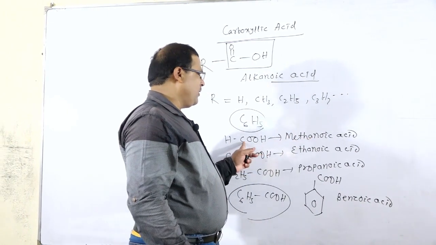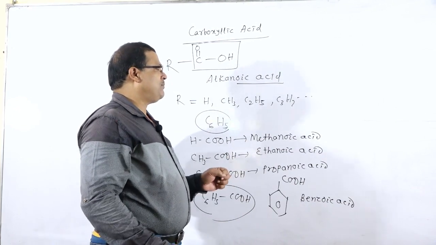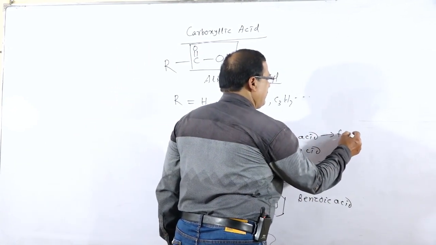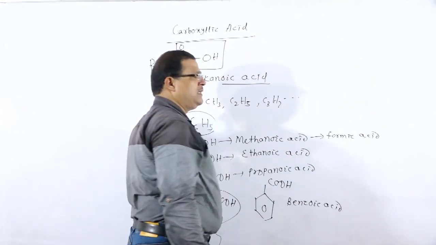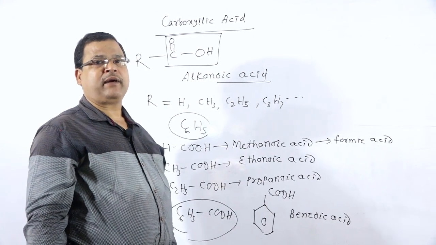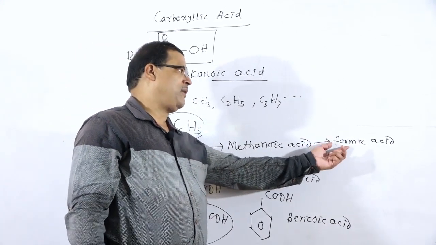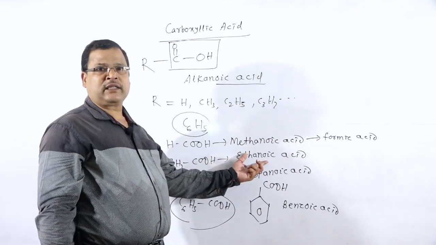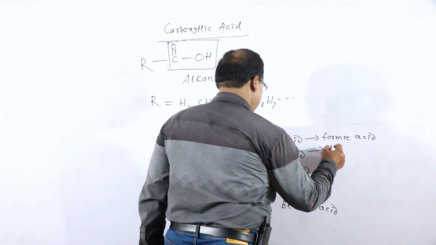If we take the common names, HCOOH is known as formic acid. Formic acid is obtained from ant bites, therefore the name is formic acid. CH3COOH, ethanoic acid, has the common name acetic acid.